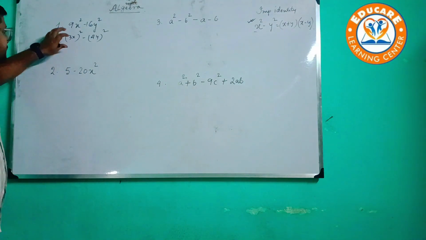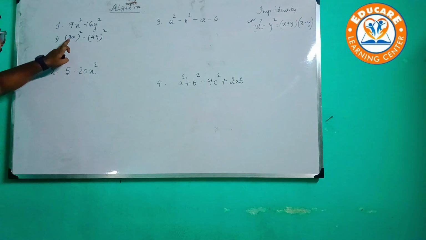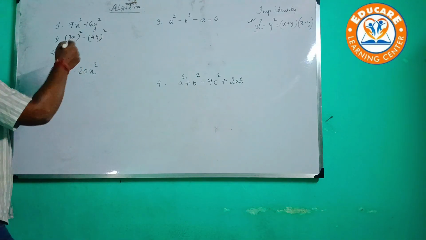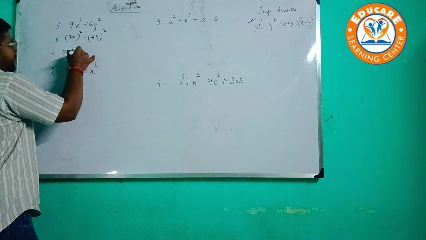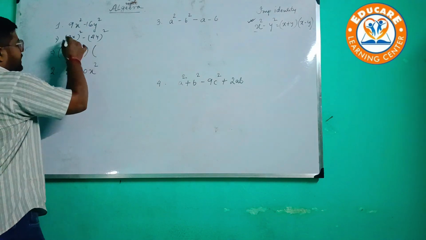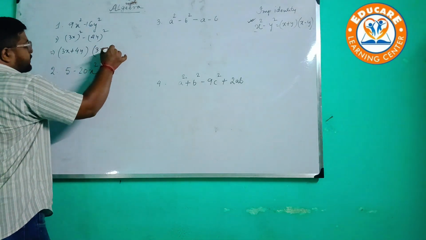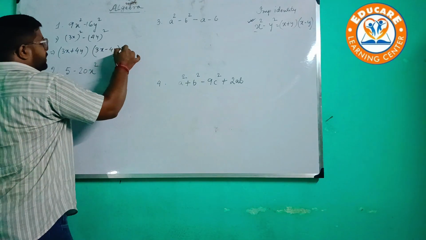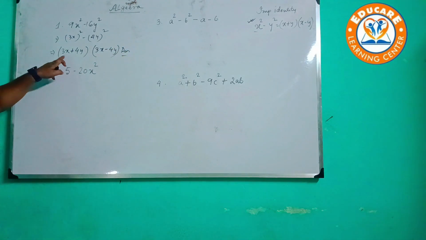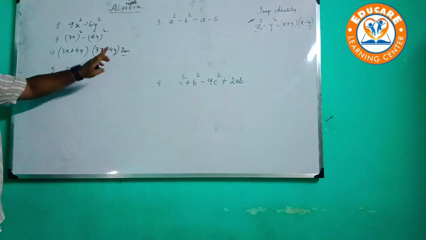So our question has come in the form of x square minus y square. Just put the formula, that is x plus y and x minus y. So 3x plus 4y would be the first part of the answer, and 3x minus 4y will be the second part, and this will be our complete answer.